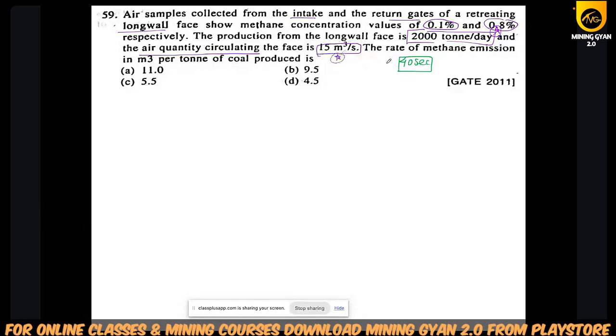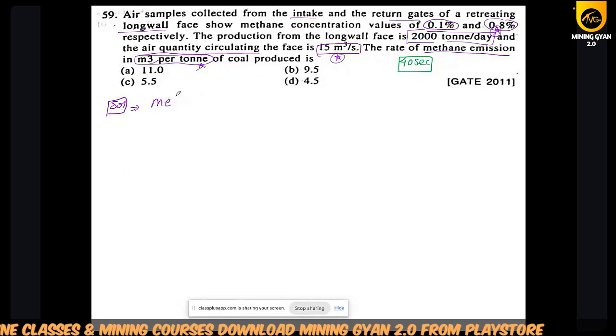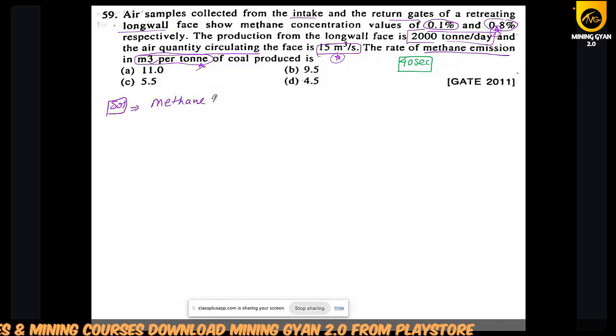ठीक है. The rate of the methane emission in meter cube per ton you have to find out. So you have to focus on units also, है ना. So first, what should you do? Methane percentage in air at intake.